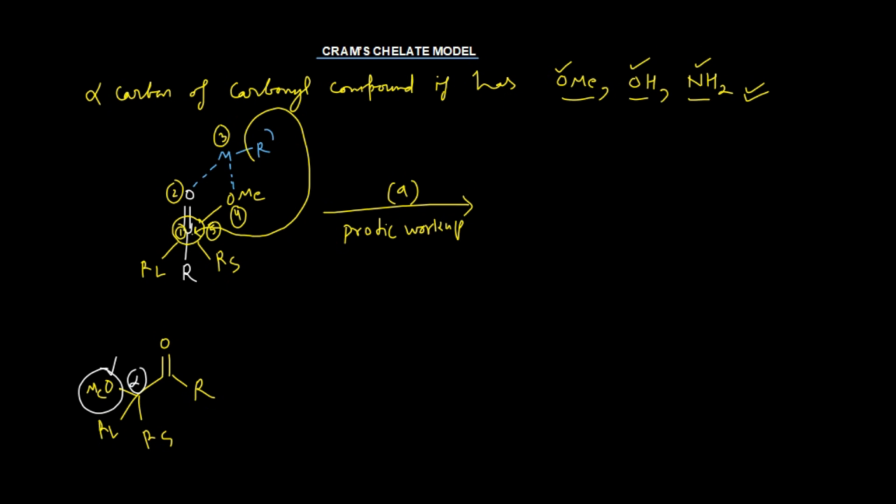Okay, that means this will have R dash because it is coming from here. So this is R dash. This will become OH and it will be pushed here. So I am writing OH here, and in the bottom I am having my R. So this is R, which is this one, OH, which is on this particular side, and this R is coming here. So it is present on this particular side.